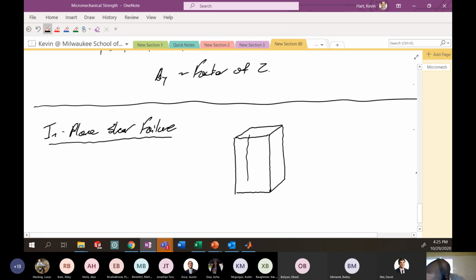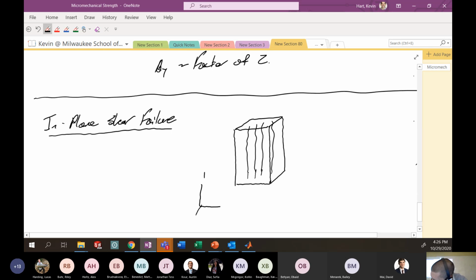So again, here's our composite. We got the fibers in it. And here we have a pure shear on our sample. So we have a shear 1, 2.